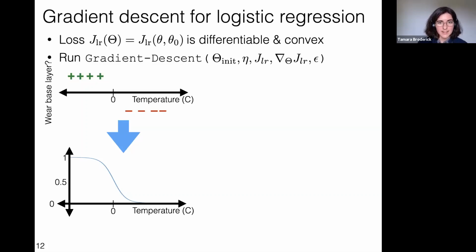Okay, well, I could still increase the probability of this data set even more by making this steeper. And so I take another step of gradient descent and this gets steeper. And it's still the case that I could increase the probability even more by making this steeper.